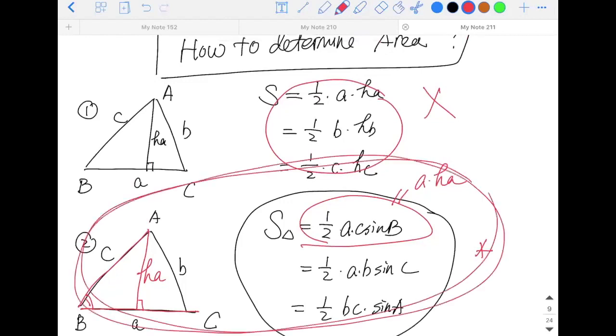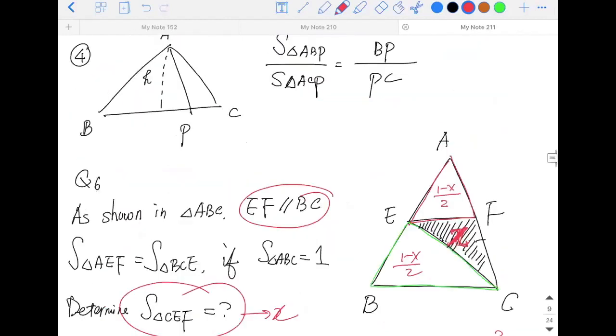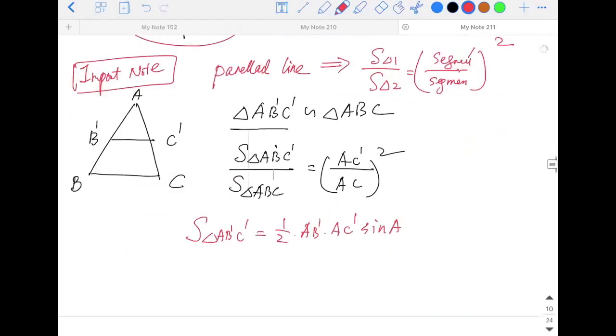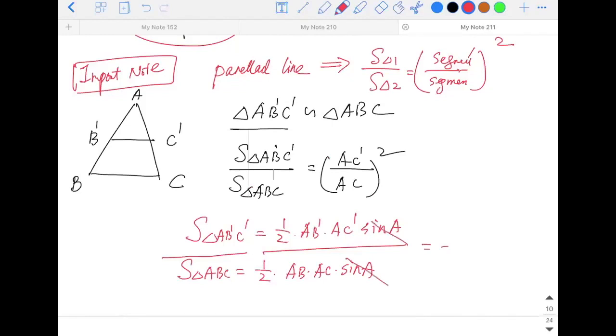And I will do the same thing for ABC: 1/2 times AB times AC times sine A. If I do a comparison, sine A will be canceled out, and the ratio will be AB prime over AB times AC prime over AC.